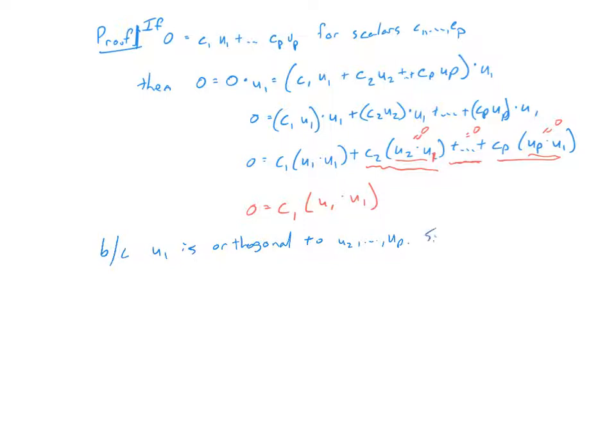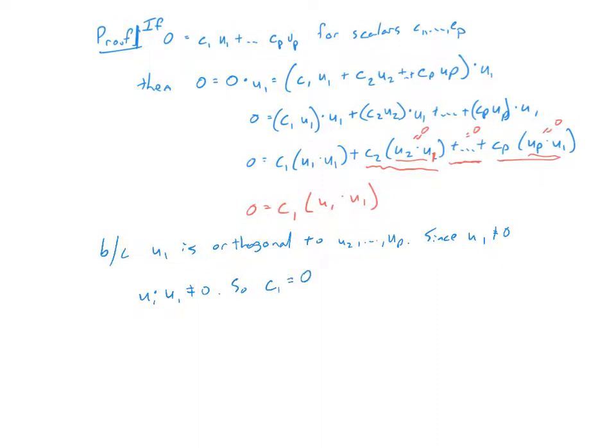Now, since U1 is not the 0 vector, the dot product of U1 and itself cannot be 0. It must be positive. So the only option is for C1 to be 0.